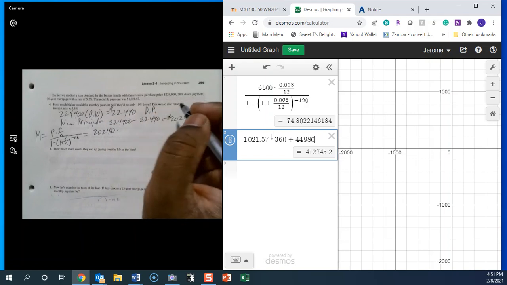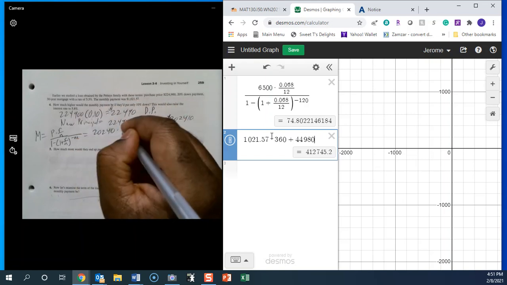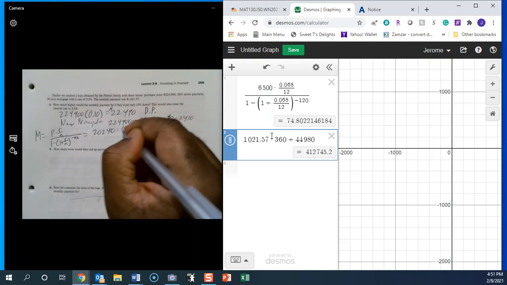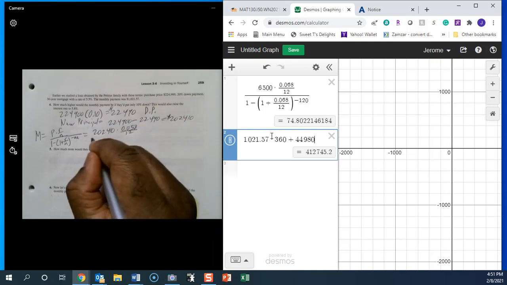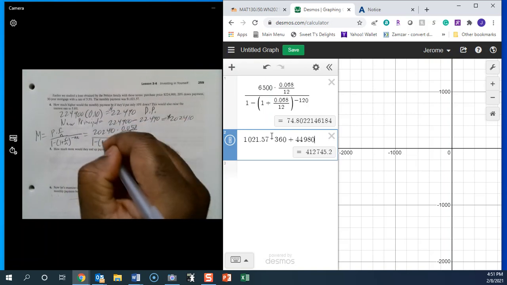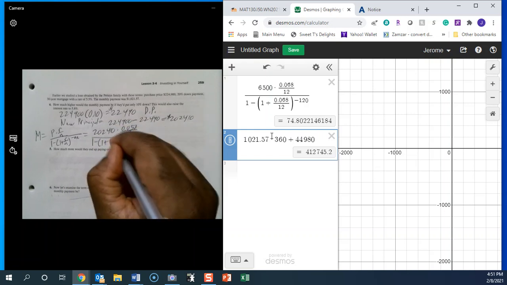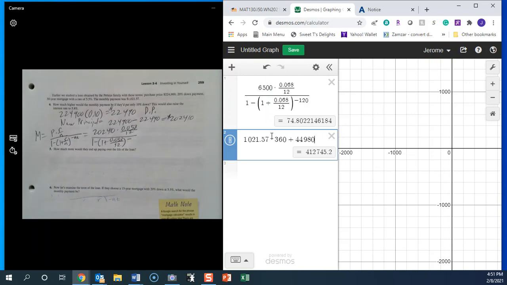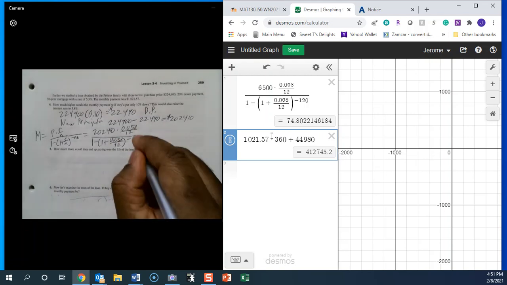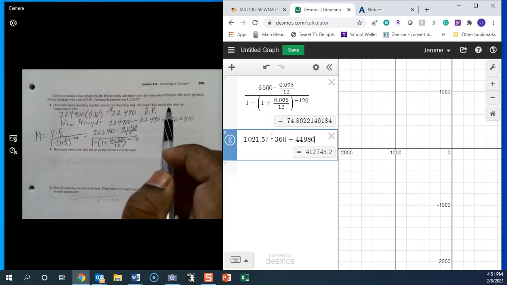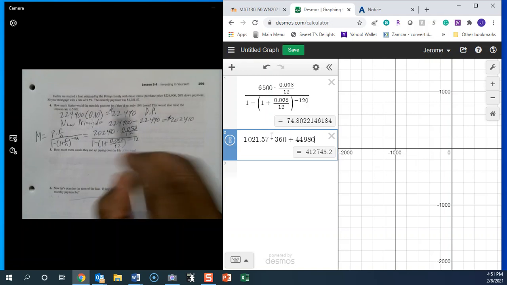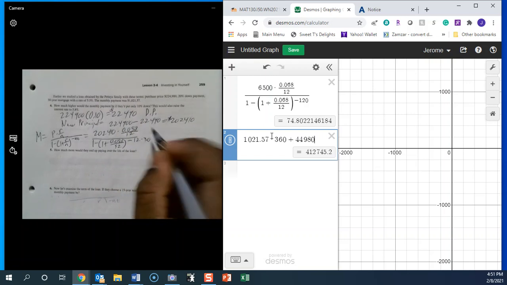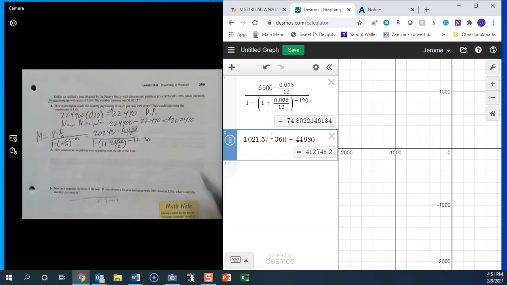The rate, we're told the rate is 5.8%, so it'd be 0.058 over 12, divided by 1 minus 1 plus 0.058 over 12 to the negative. Now N we know is 12, and then they tell us the number of years. Well, they don't actually tell us the number of years, but we're going to assume that it's 30 years. Yeah, it does right here. It's a 30-year mortgage.